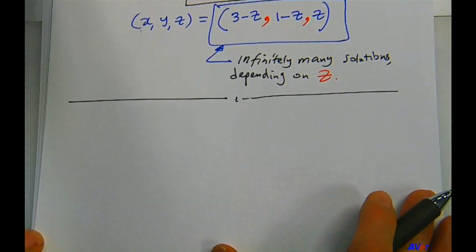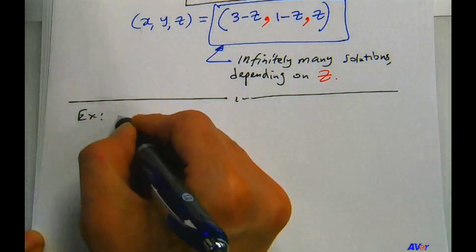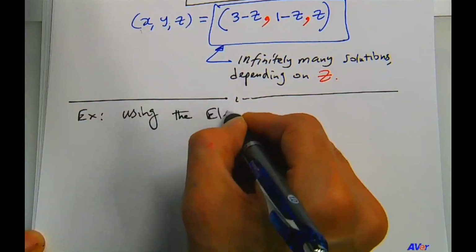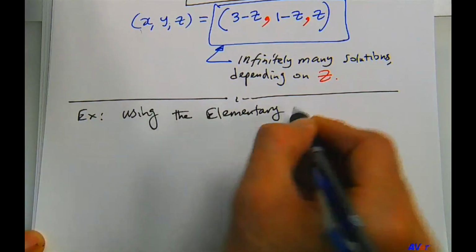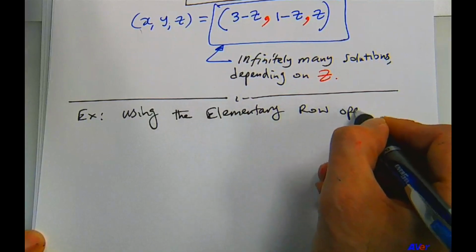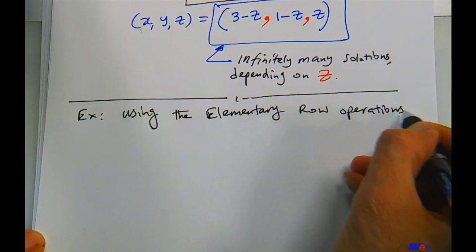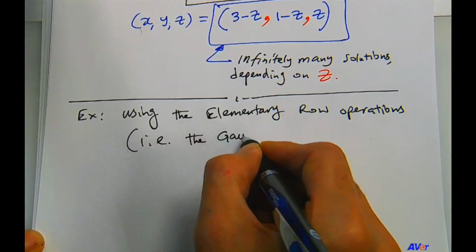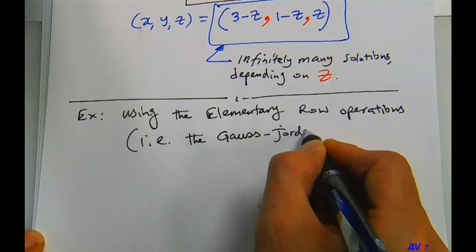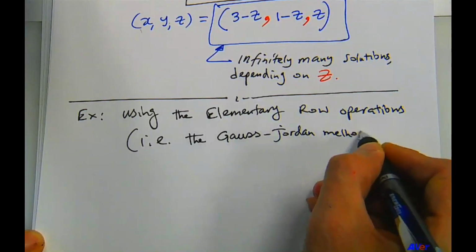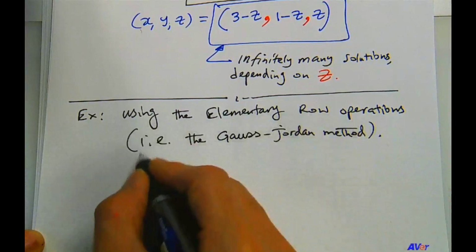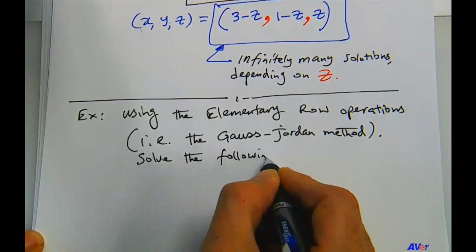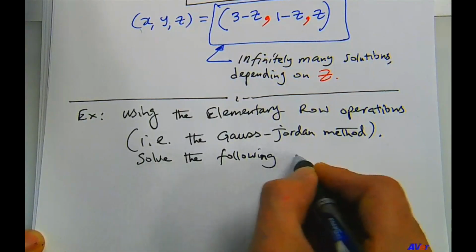So we want to solve, using elementary row operations, i.e. the Gauss-Jordan method, the following system.